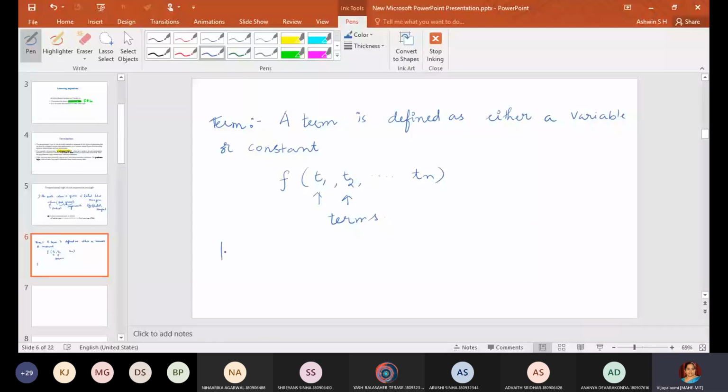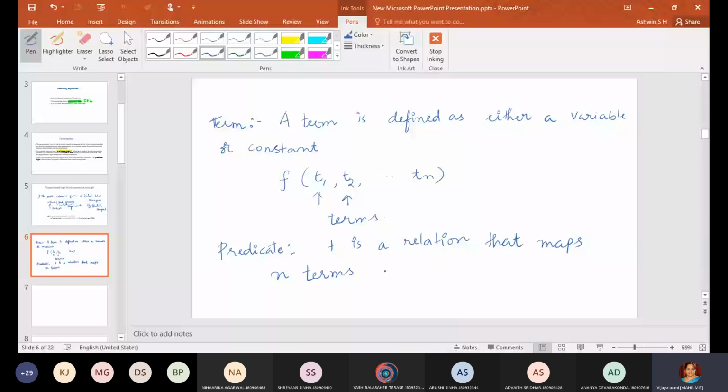Similarly, another logical notation associated with FOL is the predicate notation. So what is a predicate? It is a relation that maps n terms to a true value.